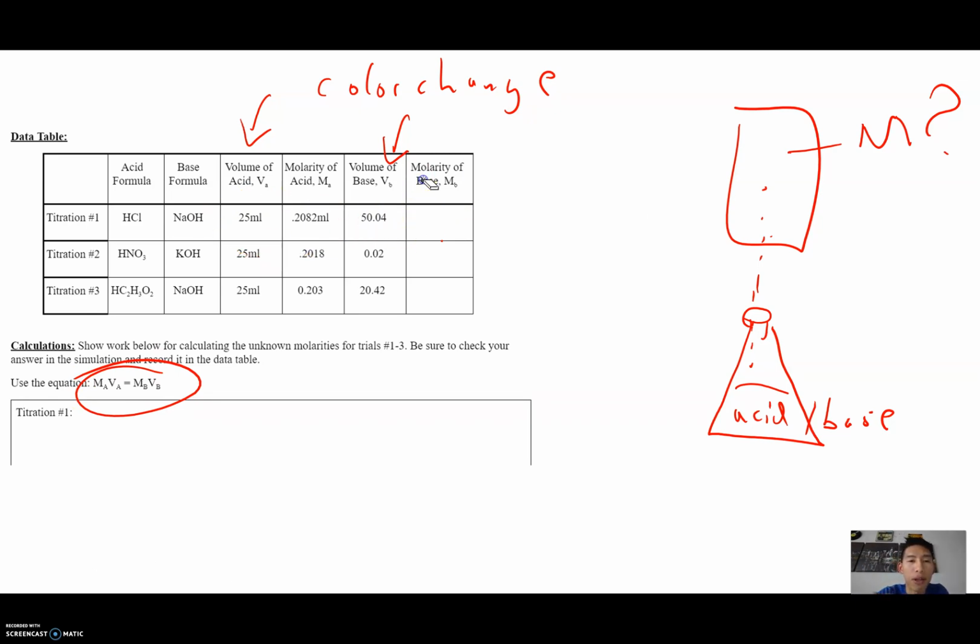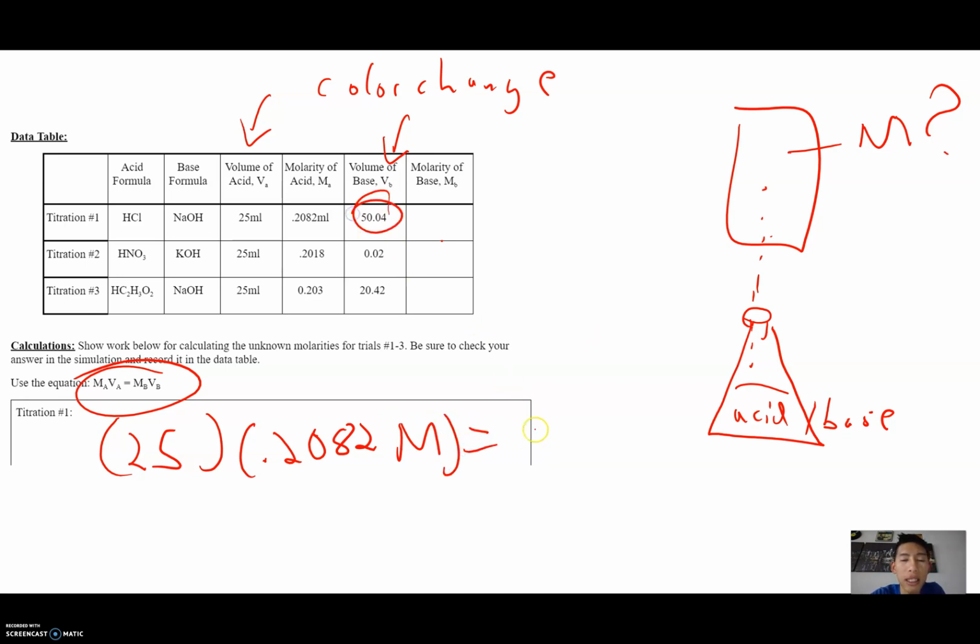For example, in the first one, we would have had 25 milliliters times, let's say it was 0.2082 molar, which would be the unit for molarity, equals, let's say they had this volume, 50.04 milliliters times an unknown concentration.